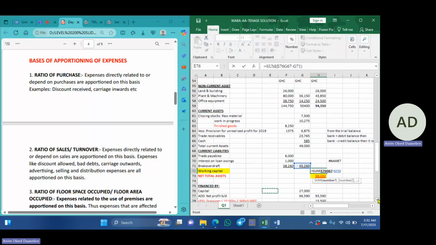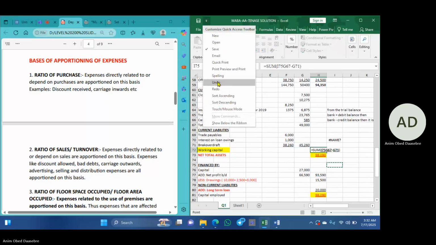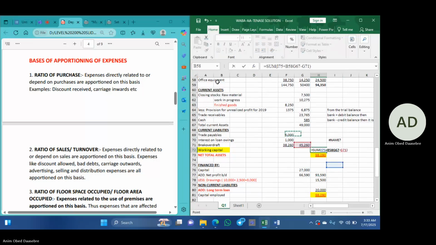Then once you are done, you get this figure called the total assets.